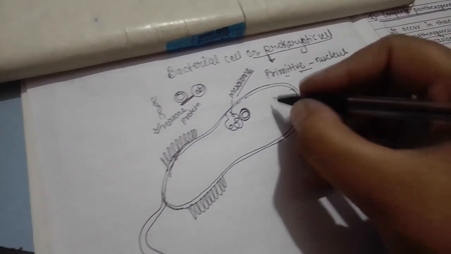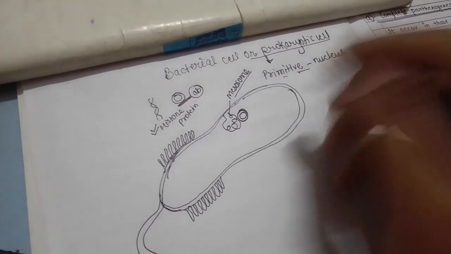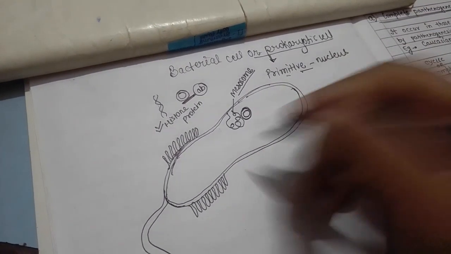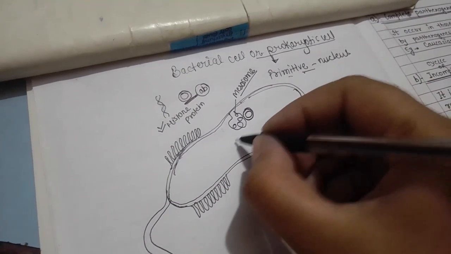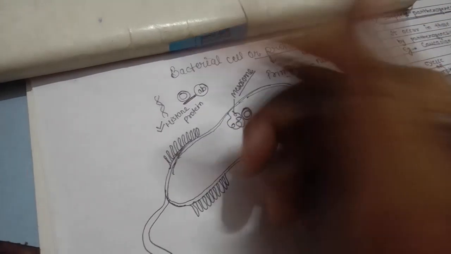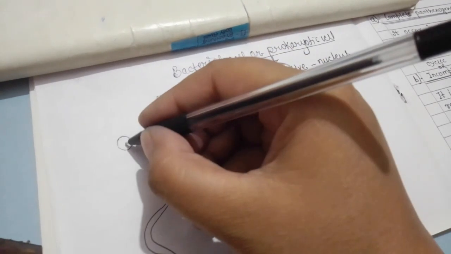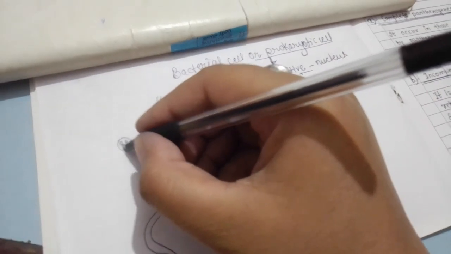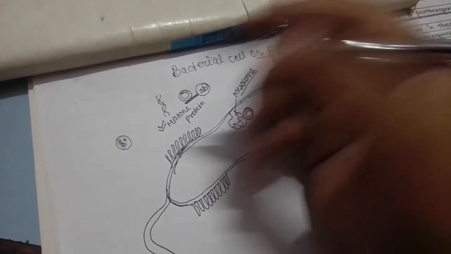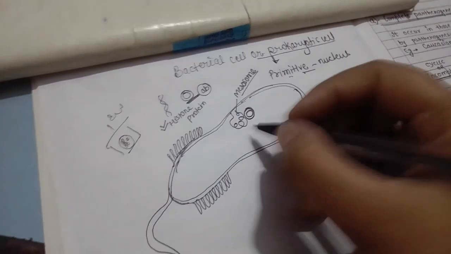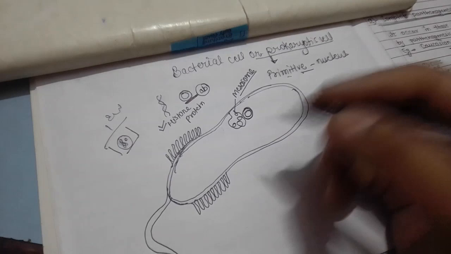Now come to the next. Instead of a nucleus, they have the nucleoid. In the case of the plant cell, the nucleus is bounded by the nuclear envelope and the nuclear membrane. The nucleolus is also there, and the chromatin material is there. Likewise the picture is present in the case of the eukaryote, but here the structure is slightly different.